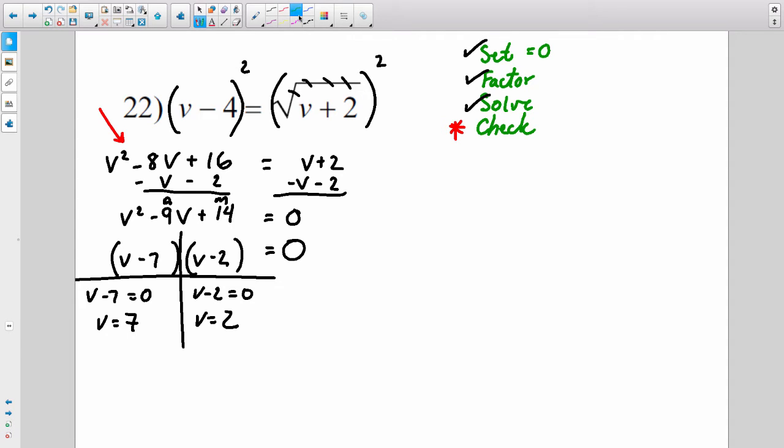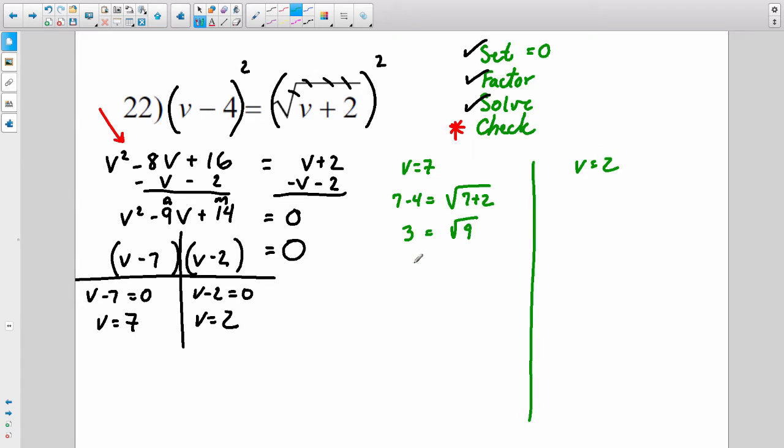So let's look at what happens. Let's take a peek at the 7. Okay, v equals 7. And we'll do over here v equals 2. Kind of split it. Okay, for v equals 7, we're going to say in the original, 7 minus 4, are you equal to the square root of 7 plus 2? 3, are you equal to the square root of 9?